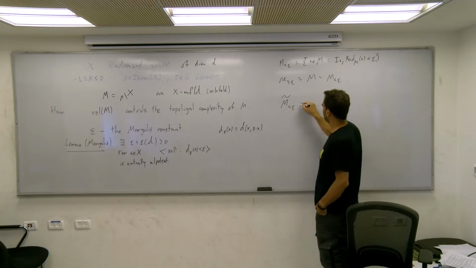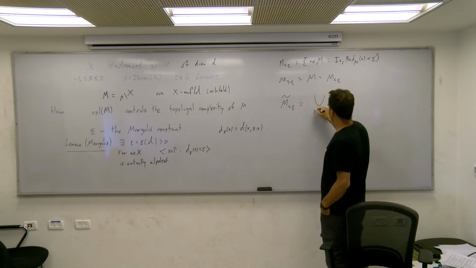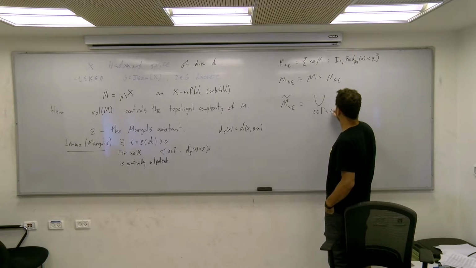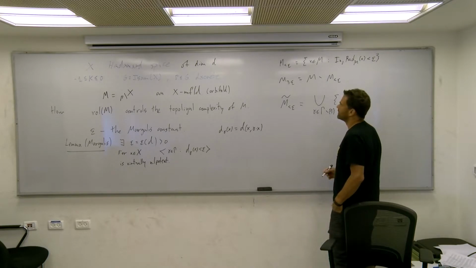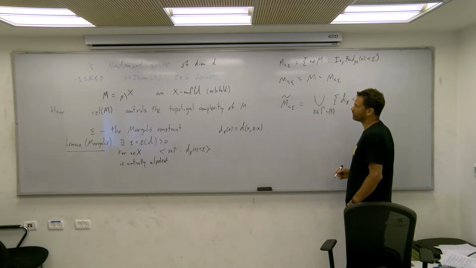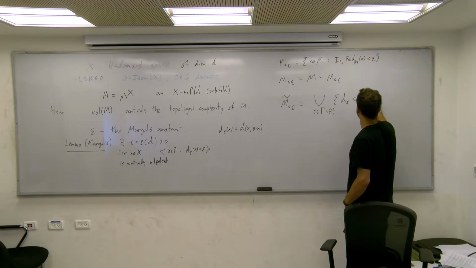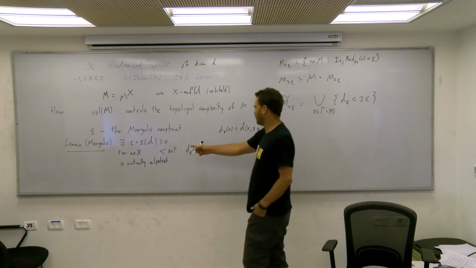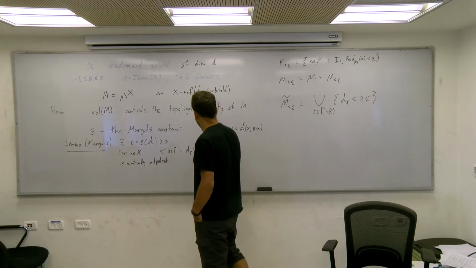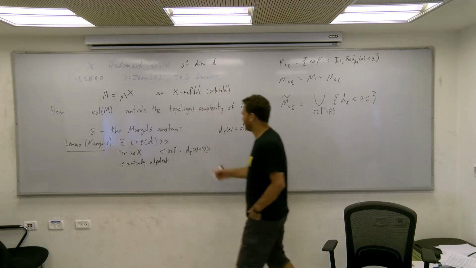The preimage of the thin part is the union over all gamma in Gamma minus the identity element of the sublevel set d_gamma less than 2 epsilon. So let's assume that the Margulis constant is satisfied.